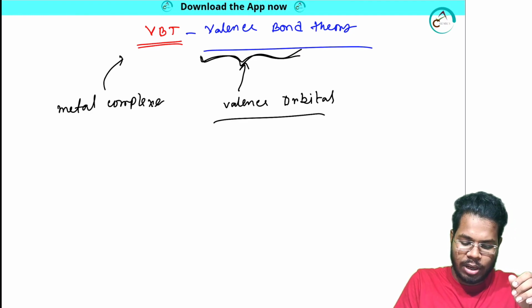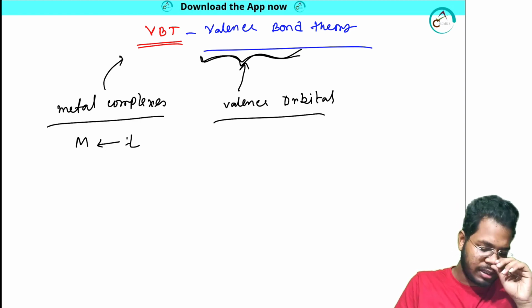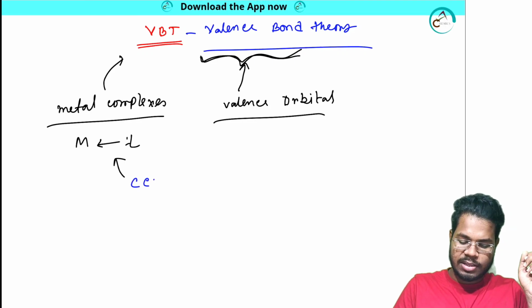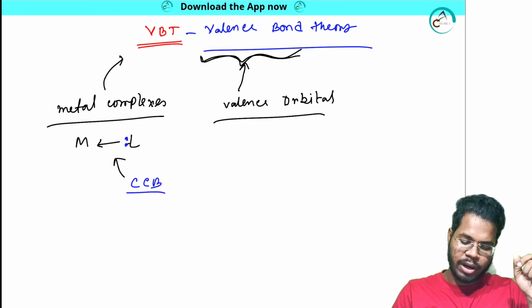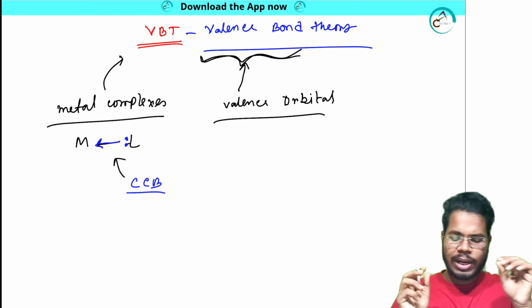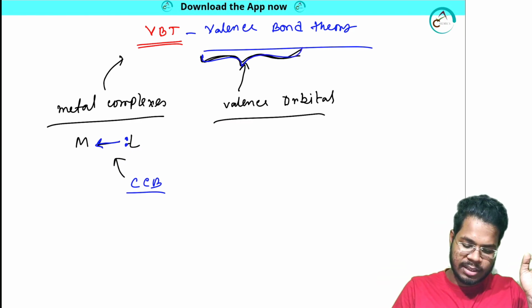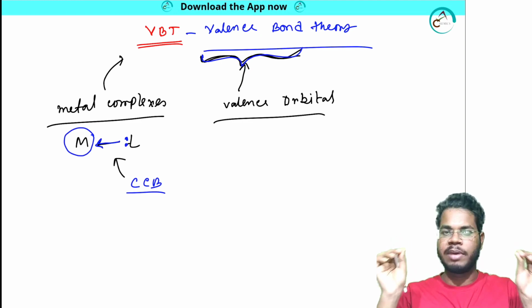With a metal, there is a ligand connected through a CCB, a coordinate covalent bond. This ligand is donating its electron to the metal through the coordinate covalent bond, and in this discussion of valence bond theory we will consider the metal, because the ligand can be anything.